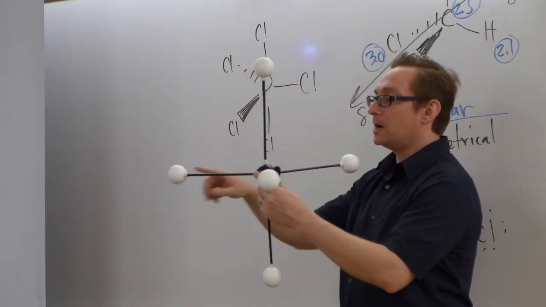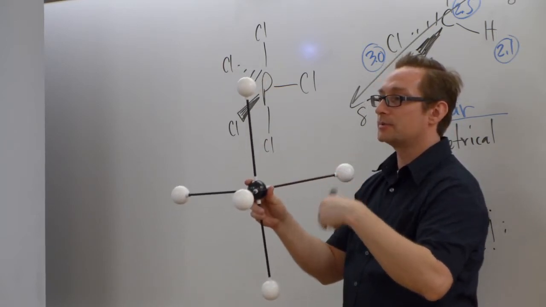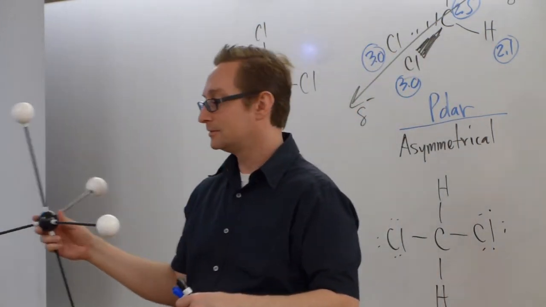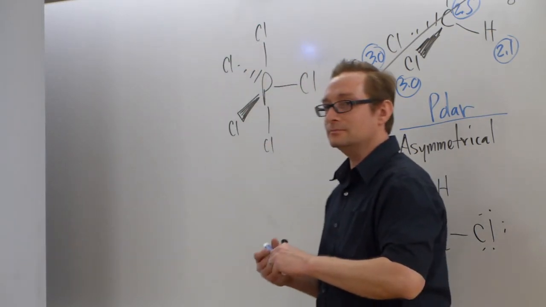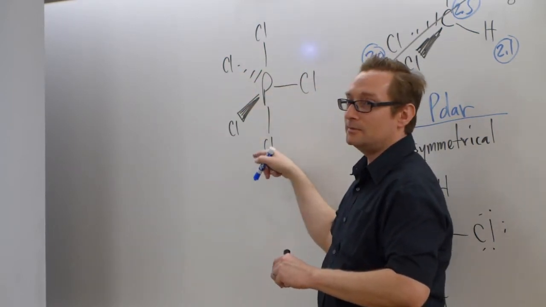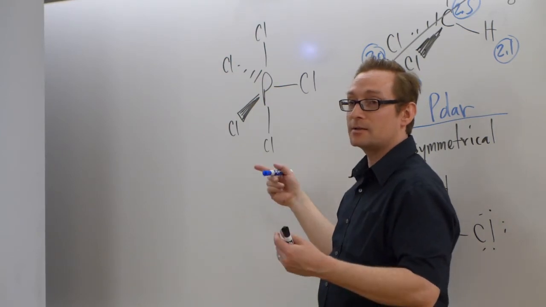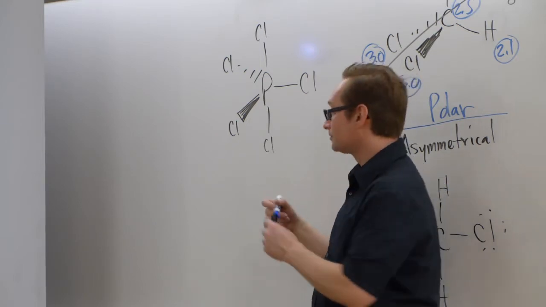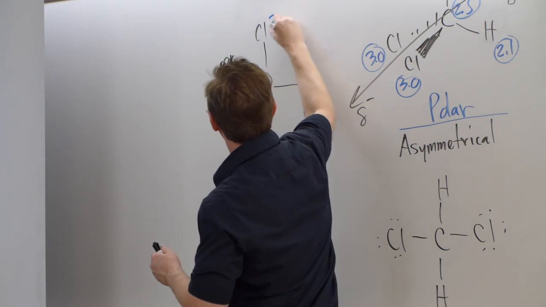There are bond dipoles, but they cannot hold the electrons with them because the other atoms are fighting in equal directions. All of these are the same, but if we replaced one of these with some other atom, it would make the molecule polar. Okay, now you're introducing asymmetry. Because right now I've got 3.0s all around.